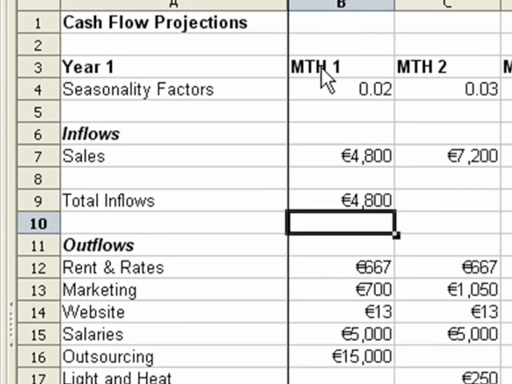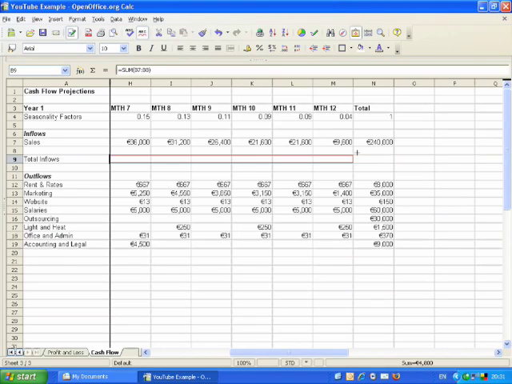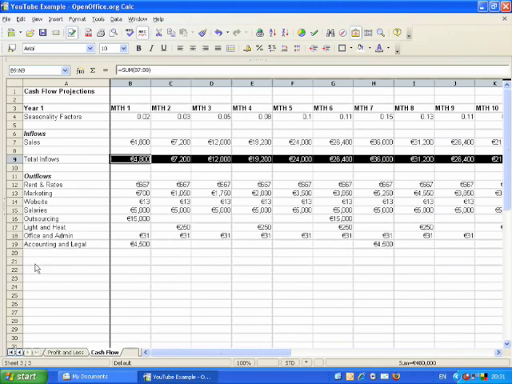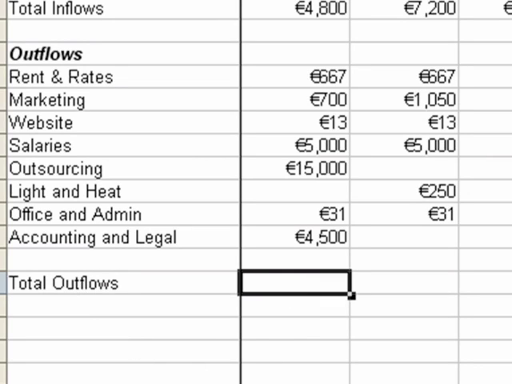So what we do now is we get our total inflows, simply add all our inflows together. And we get our total outflows, and we add all our outflows together. It really is quite simple.